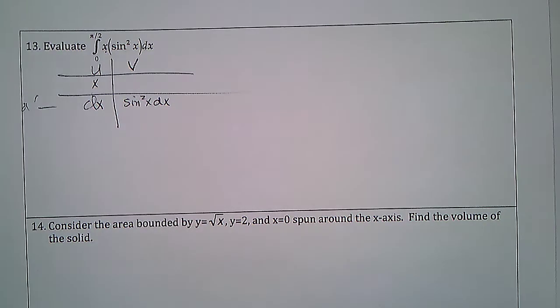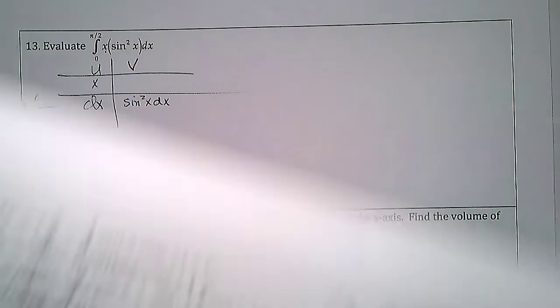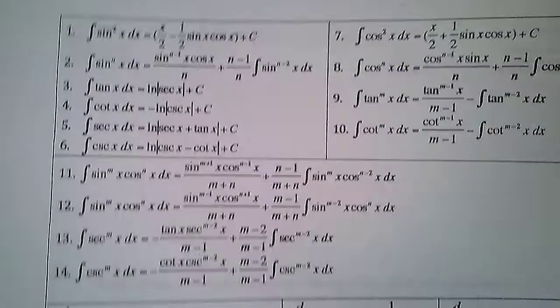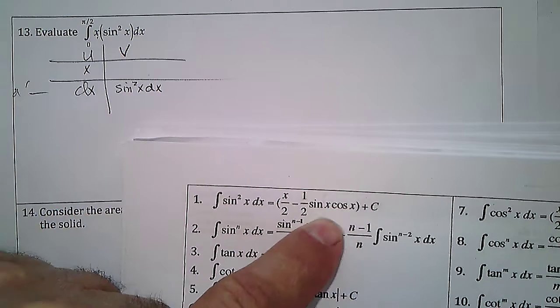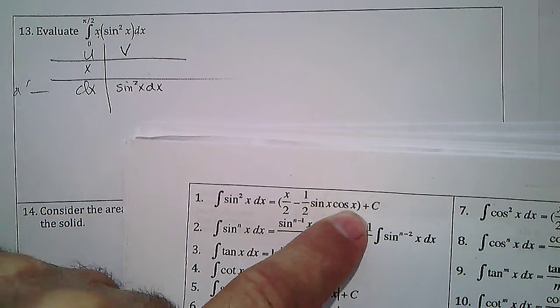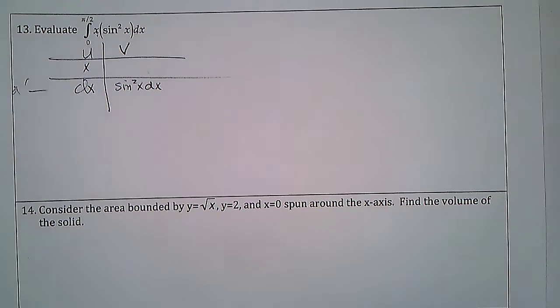So what is v? Well, if we look at our table of integrals, we can see that the integral of sine squared is this, or there was one with the sine of 2 theta, but we'll go with that one.